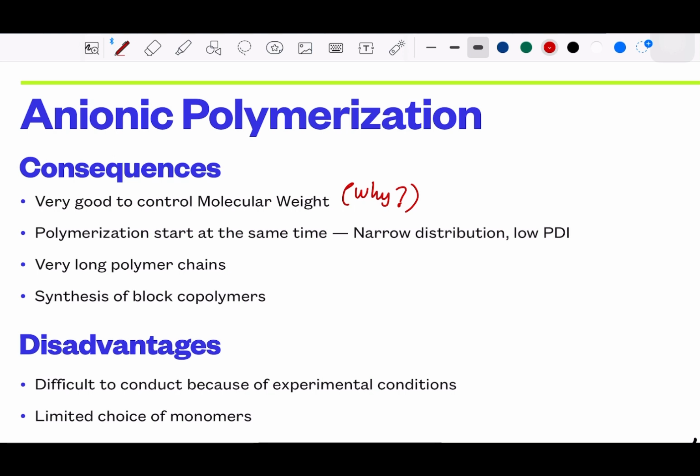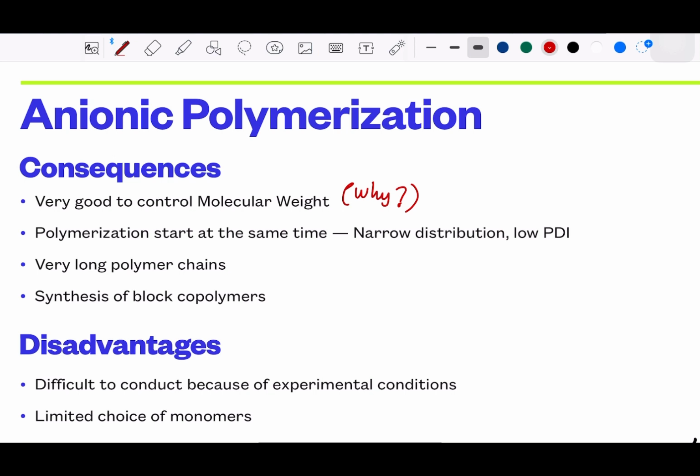I said that termination can be either if we have a chain transfer, or if we react with another and we force it to stop for a while, and then you can have polymerization again later. So it's not really a terminating process, right?